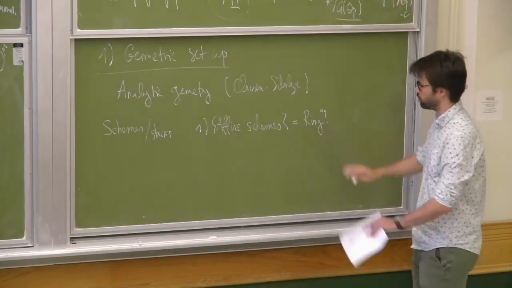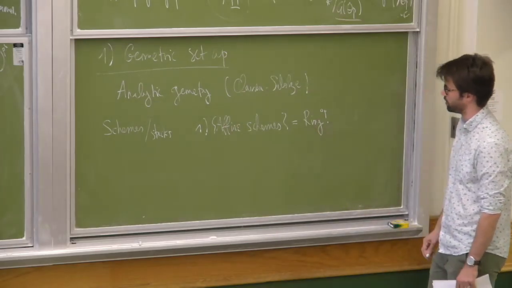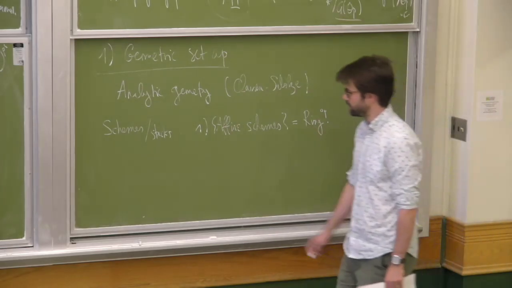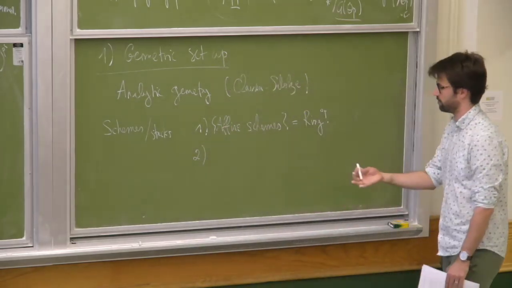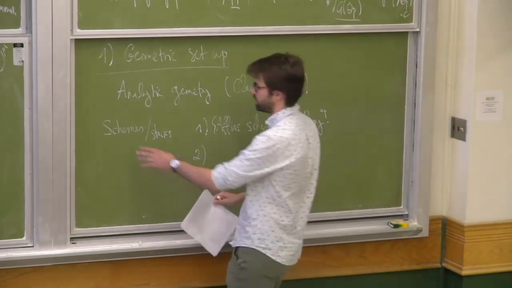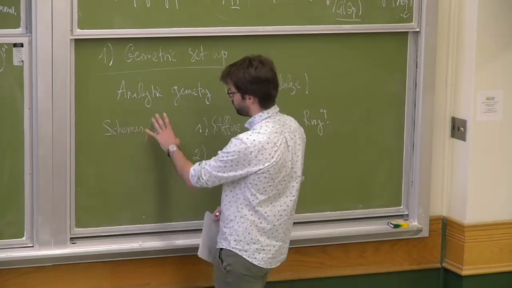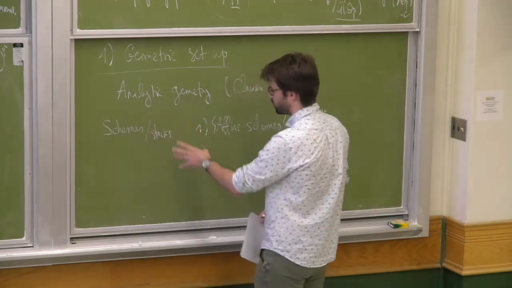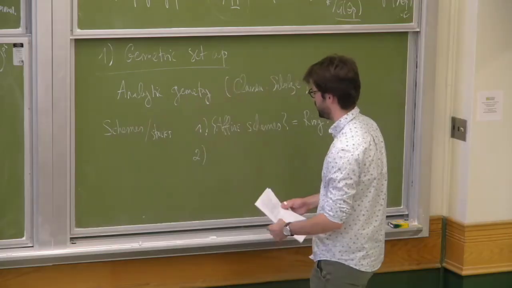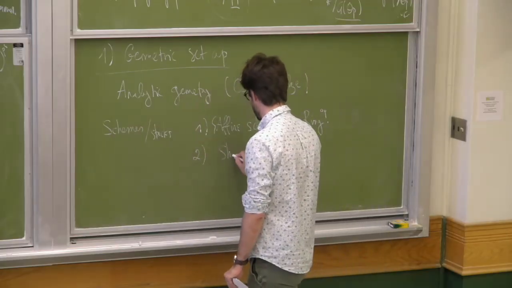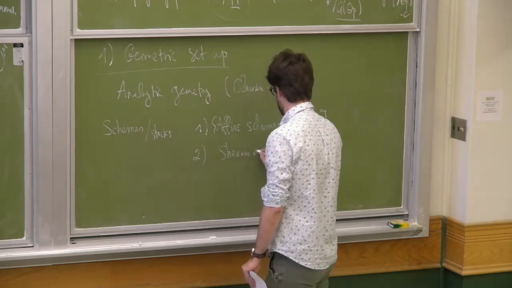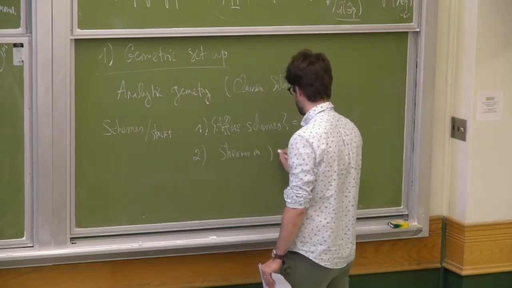For me, all rings will always be assumed to be commutative. Then if you want to define schemes, you have to be more restrictive. But if you take a maximalist approach and just try to define stacks in big generality, you would define stacks as sheaves on this category of affine schemes.